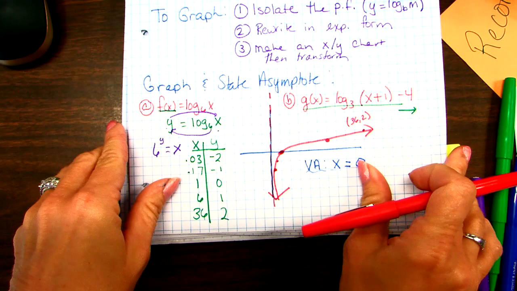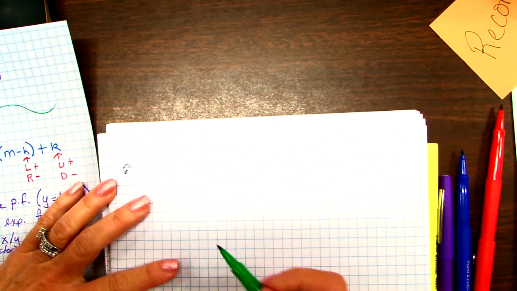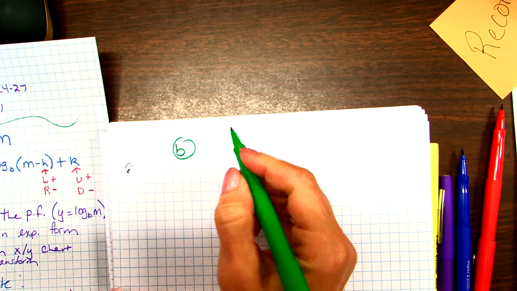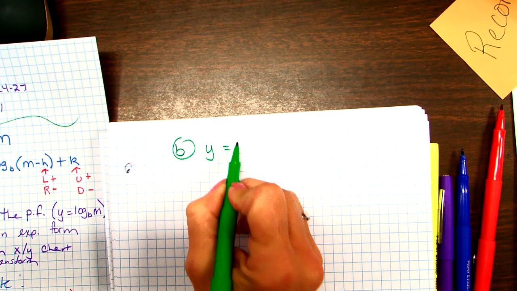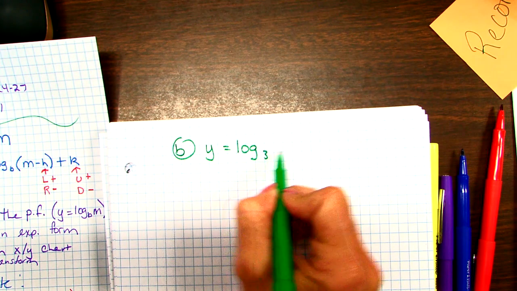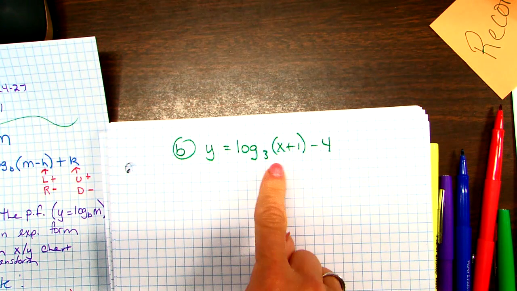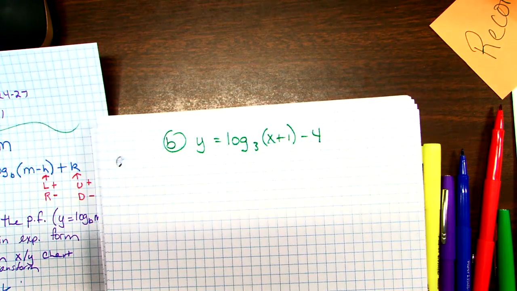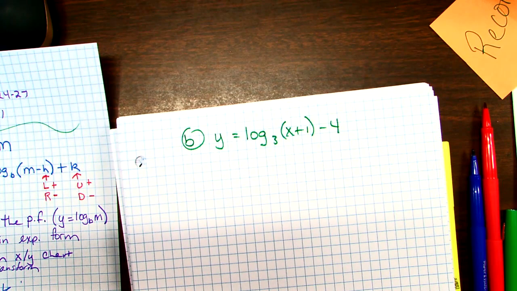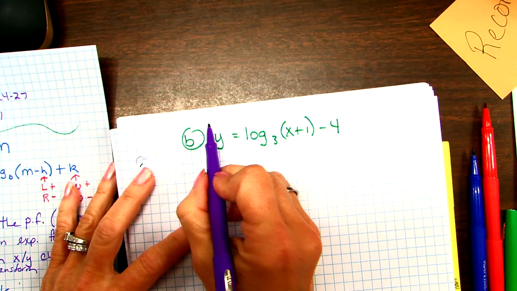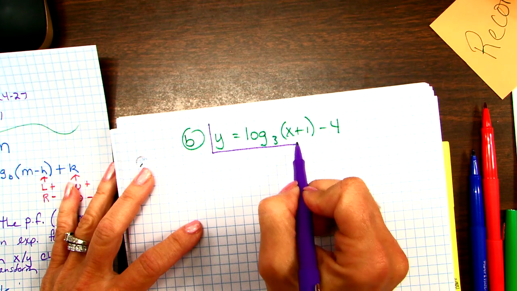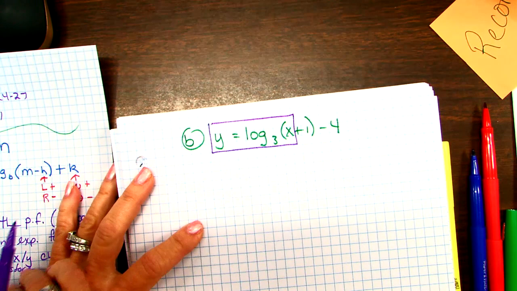So I'm going to rewrite this on another piece of paper because I can't fit it. So example B. So in this one, we have some movement, okay? So remember step 1 is to isolate the parent function. Guys, that's everything up to x.